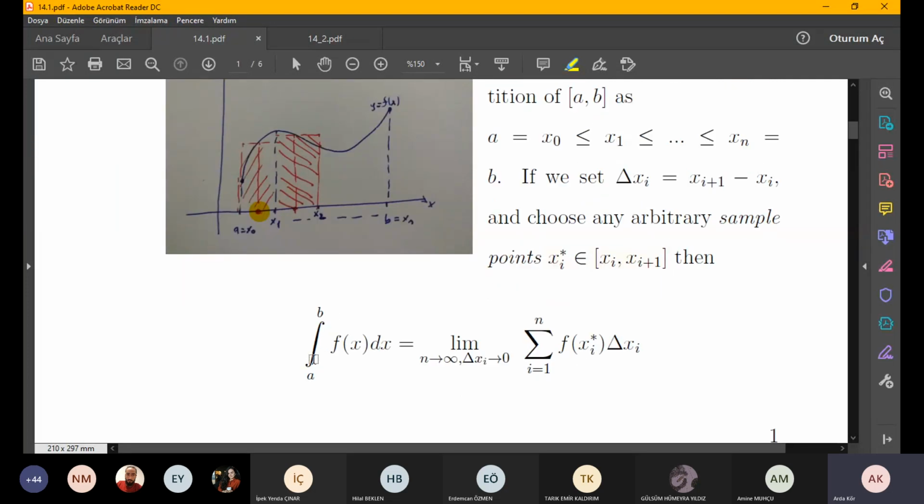And if you remember, we first define the Riemann sum, which is the sum of the areas of all these rectangles, which you can find in many ways, depending on the partition that you have here, and also the point that you choose in between all these subintervals.